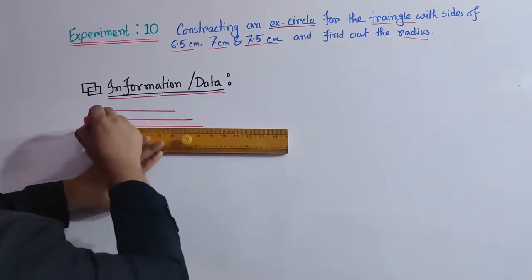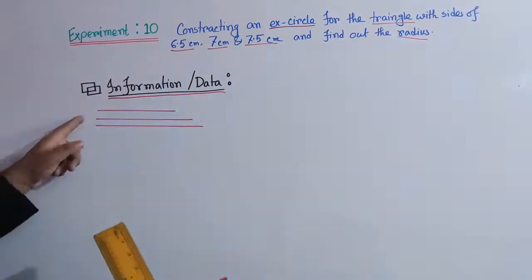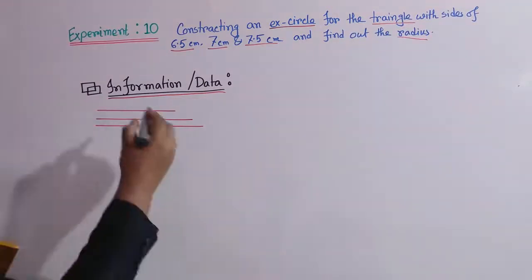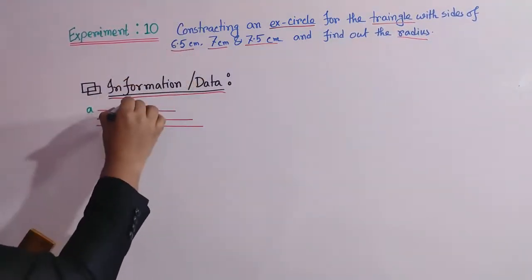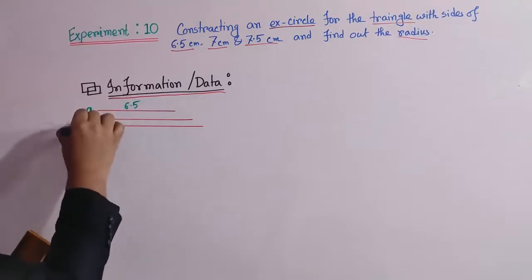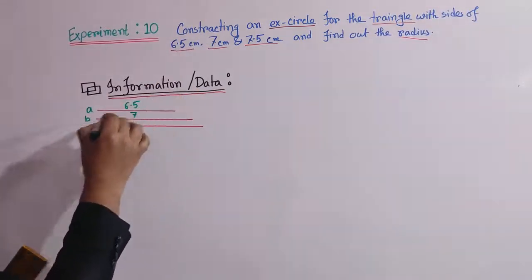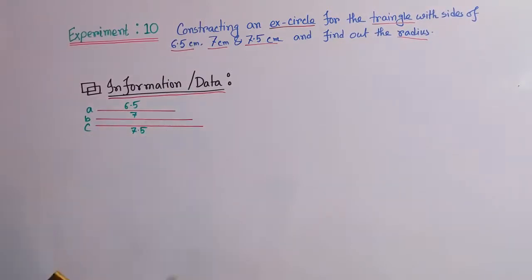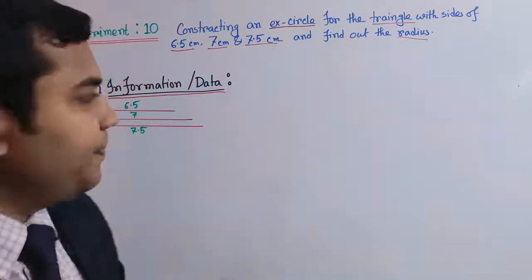Here three lengths are given: the first length A is 6.5 centimeter, the length B is 7 centimeter, and the length C is 7.5 centimeter. So this is the data given.